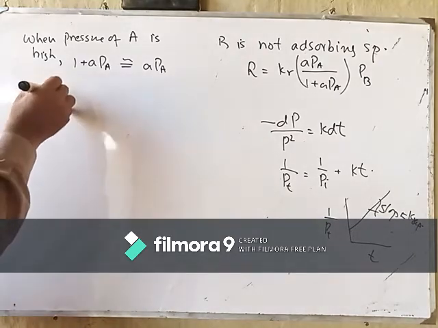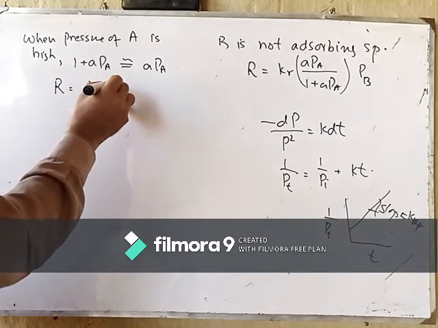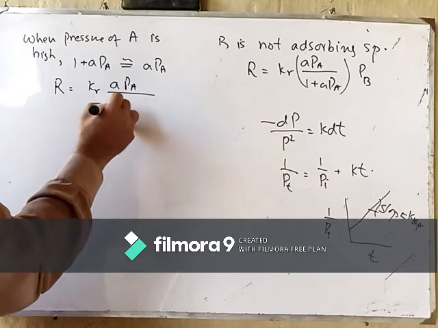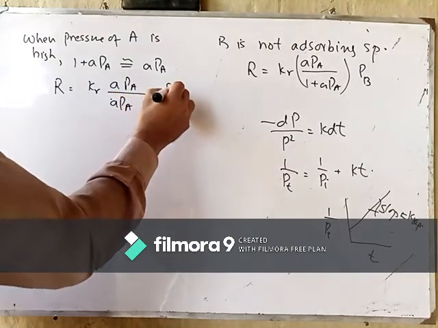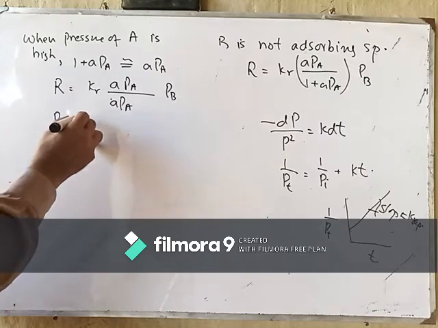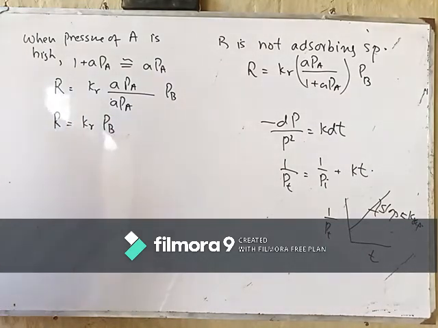Then we get R is equal to KR A PA over A PA, times P of B, so this equation becomes KR and P of B.